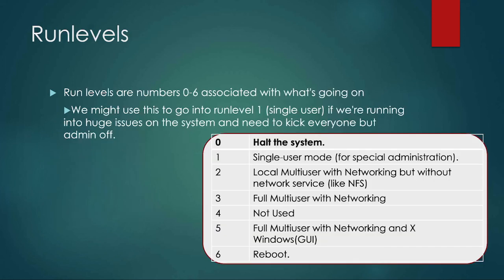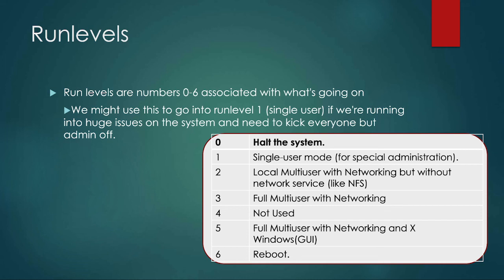And then the last thing I'd like to talk about really quickly is run levels as a way of troubleshooting. Run levels are basically numbers that are associated with what's going on in the system. So we can have, for example, halting or rebooting. But one of the things that we might see really commonly used is run level 1. If we go into run level 1, this is a single user mode.